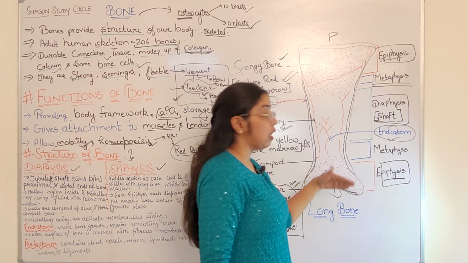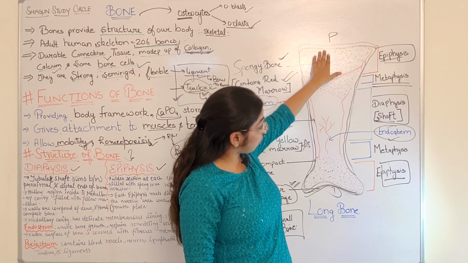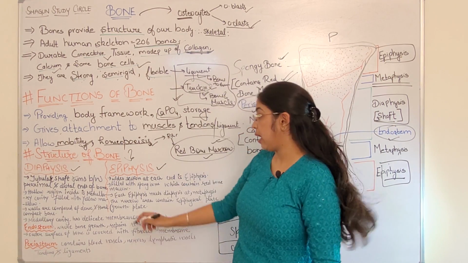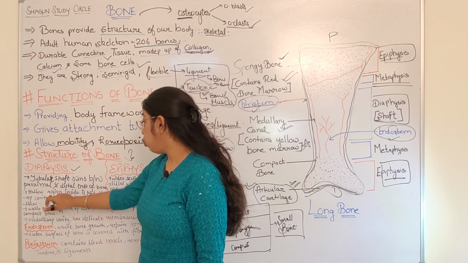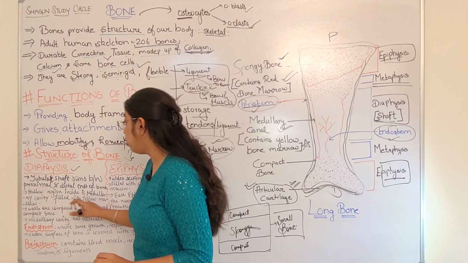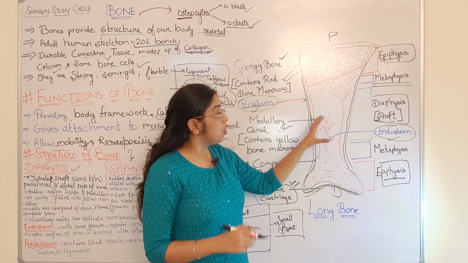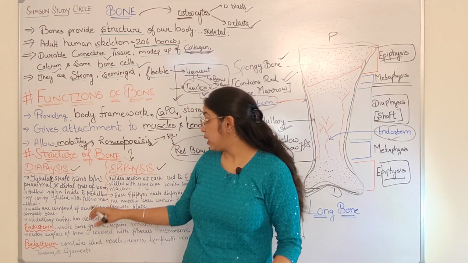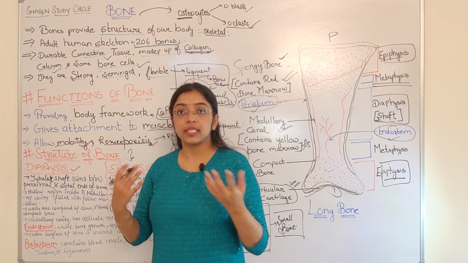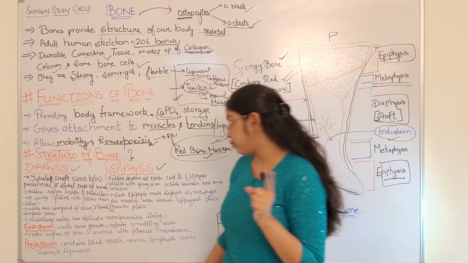It is a tubular structure which is present in between the proximal and distal end. Diaphysis: the hollow region inside is the medullary cavity filled with yellow bone marrow. So it is the hollow region inside which is filled with yellow bone marrow, and it is called the medullary cavity.